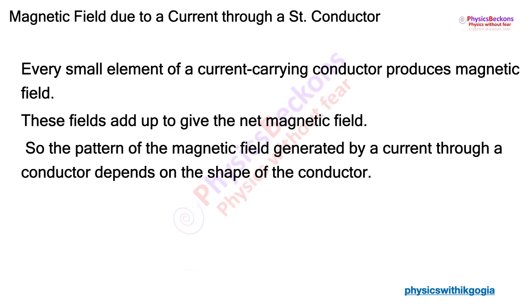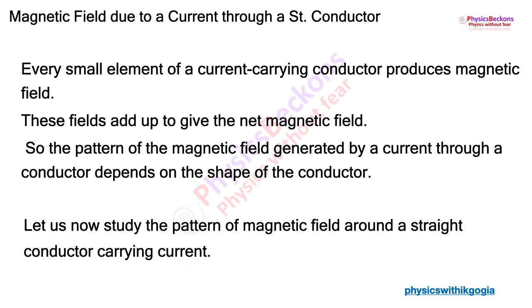So, the pattern of the magnetic field generated by a current passing through a conductor depends on the shape of the conductor. Remember, if the shape of the conductor is changed, the different parts of the conductor will reorient. If we are using a straight conductor, different parts of the conductor are along a straight line.